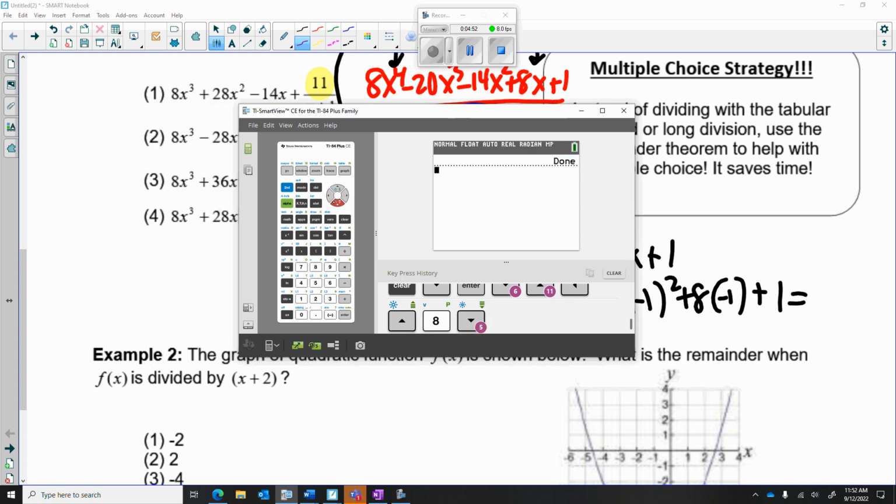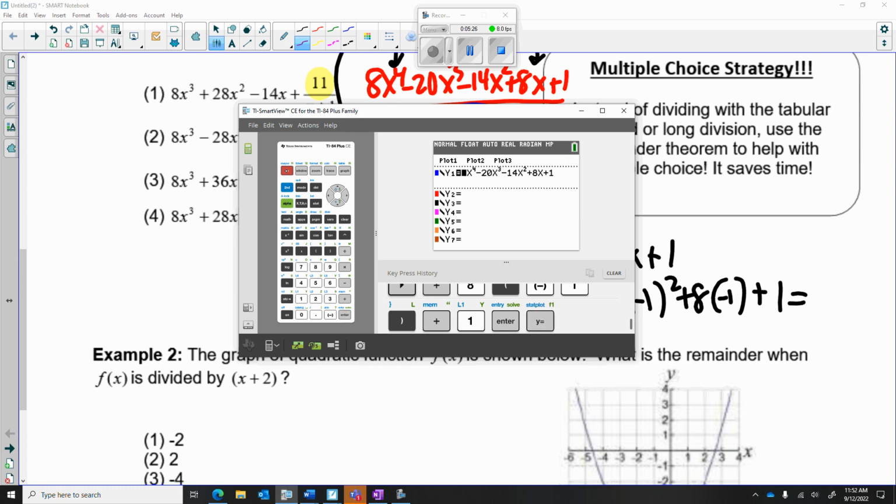I could press 8, parentheses, negative 1 to the fourth, minus 20, parentheses, negative 1 to the third, etc. But the problem with this is I think it's very easy for kids to forget parentheses or mess up. You see that I got 7 here, and that is probably going to be my remainder, but now I'm going to show you another nice way to do it.